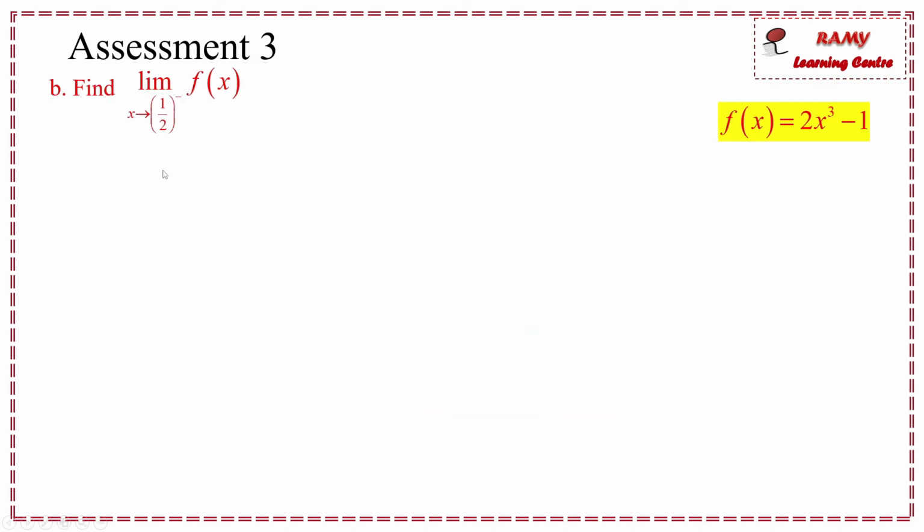Find limit x tending to half minus of f of x. Limit x tending to half minus of 2x cube minus 1 can be written as limit h tending to 0 of 2 into, in the place of x you can write half minus h the whole cubed minus 1.